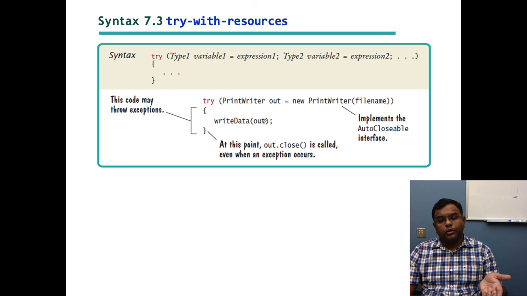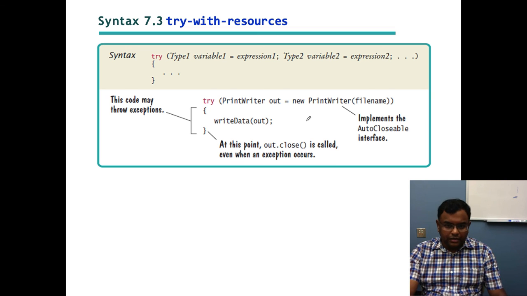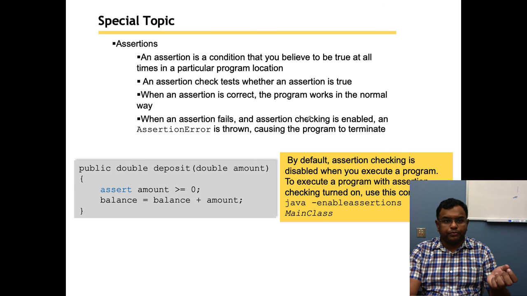That way it will be closed. However, print writer and scanner are AutoCloseable interfaces. So when the program stops executing, it will automatically close itself. Java has an auto close functionality that does that. But remember, it is a good practice to always close a resource that you use.